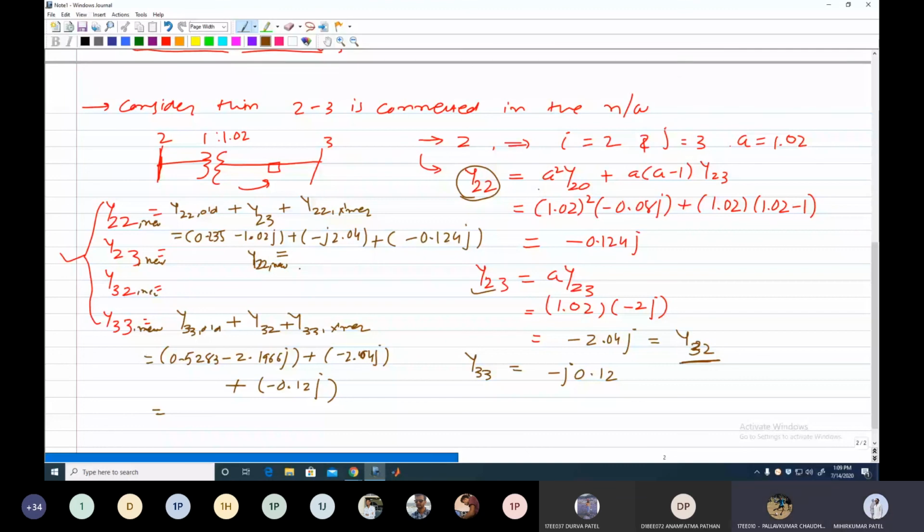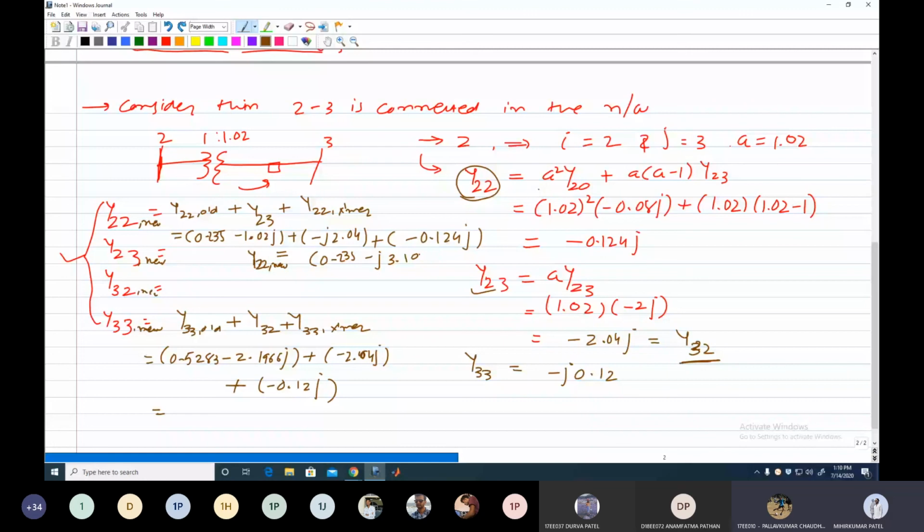So the value of y22 new. Who will give the answer? 0.235 minus j 3.184. Very good.